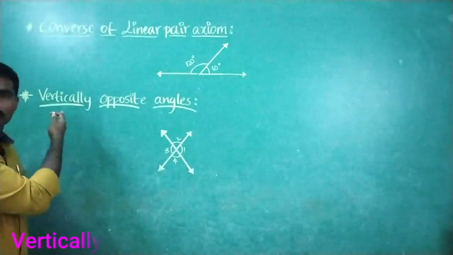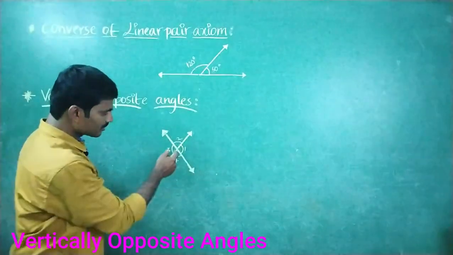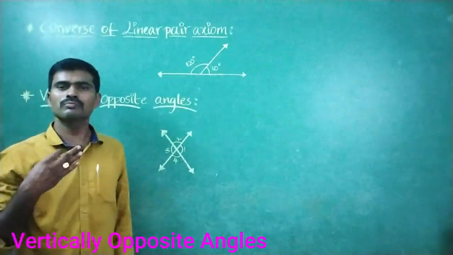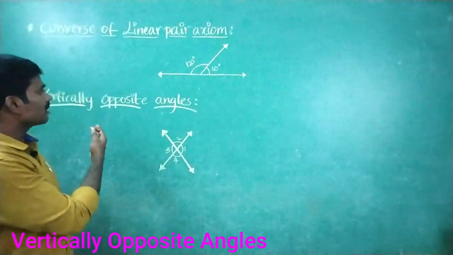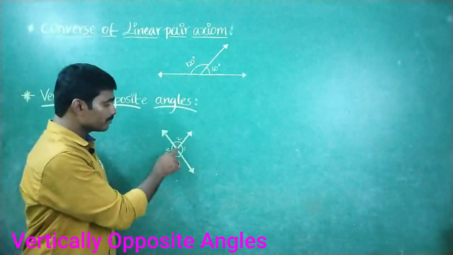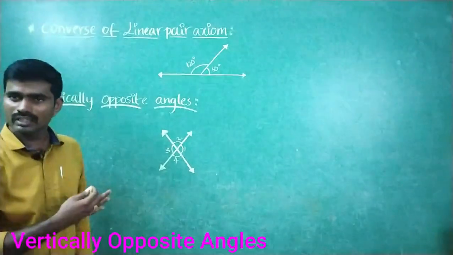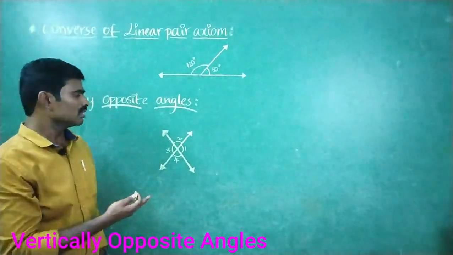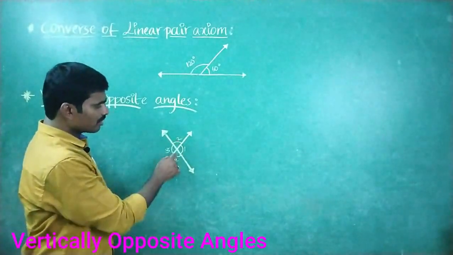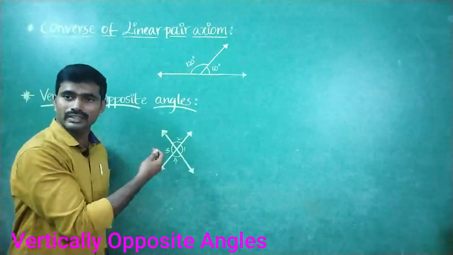Next, vertically opposite angles. If two lines intersect at one point, then four angles are formed. What are the vertically opposite angles here? A pair of non-adjacent angles are called vertically opposite angles. So here 2 and 4 are non-adjacent angles, and 1 and 3 are non-adjacent angles.